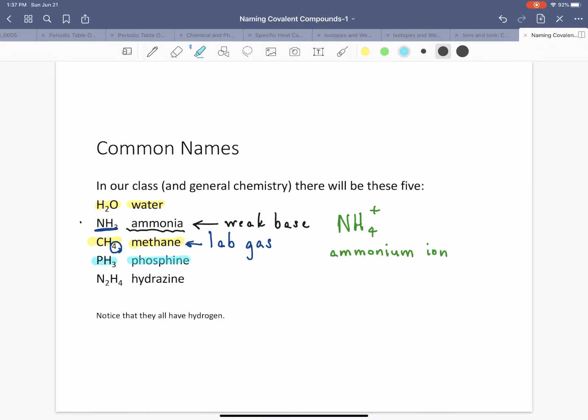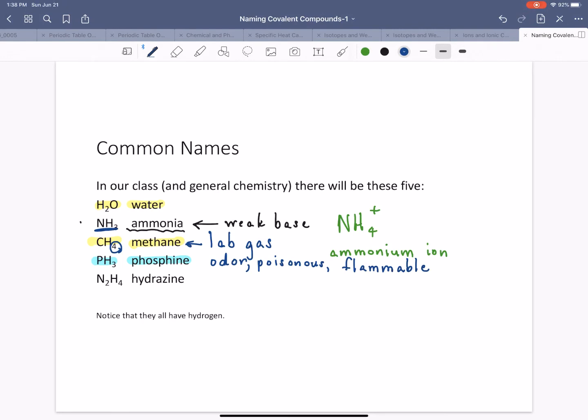So this is phosphine. Phosphine is a gas, and it has an unusual odor, and it's poisonous, and it's flammable. And it is produced as a byproduct in the manufacture of methamphetamine.